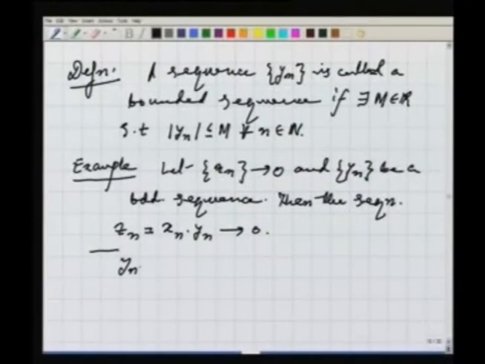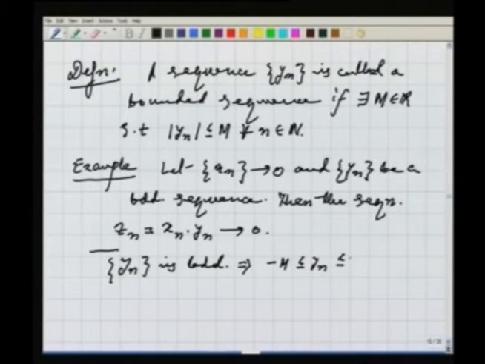I would like to do exactly what I have done in the previous two examples. I notice that yn is bounded, which implies minus M is less than or equal to yn, which is less than or equal to M. For the sake of simplicity, let me also assume that xn is bigger than 0.